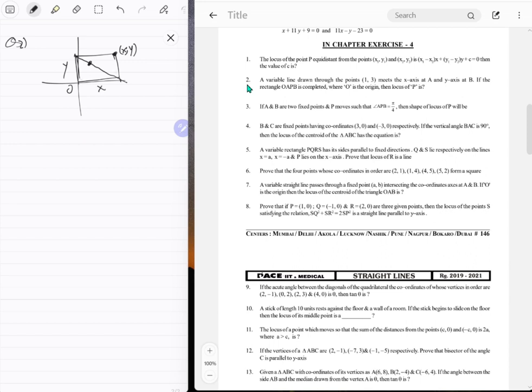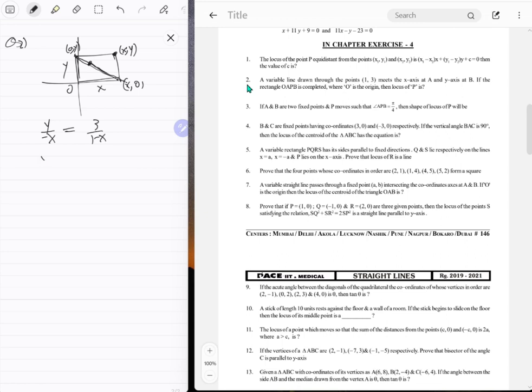So if I talk about what this line is, this is going to be x comma 0, and this is going to be 0 comma y. So y upon negative x, that's what this slope is. This is also equal to the slope of this line, which is 3 upon 1 minus x.